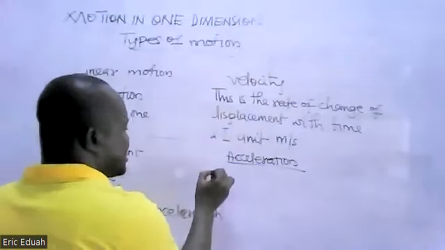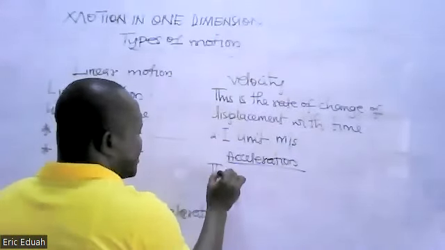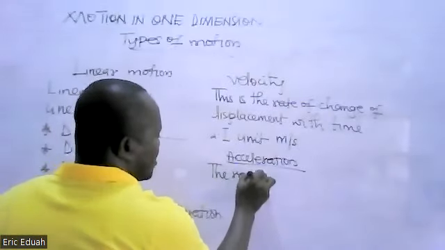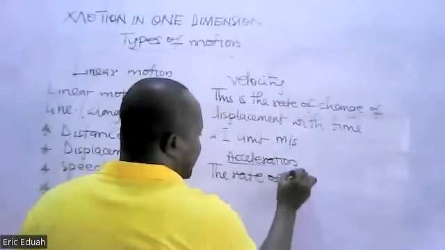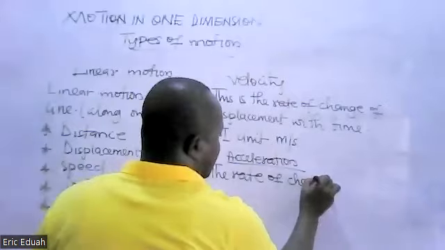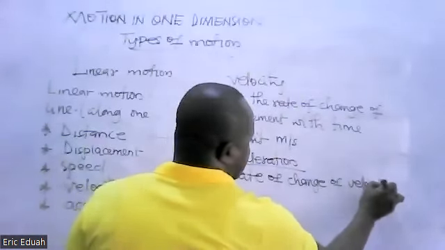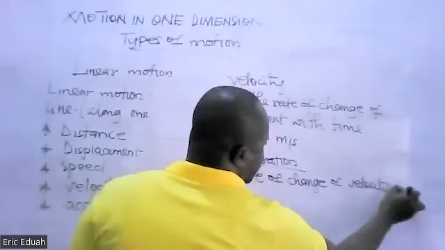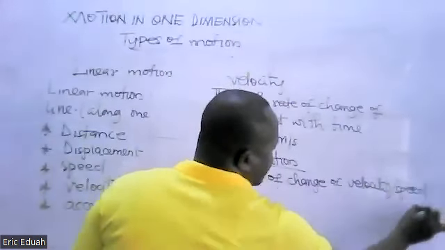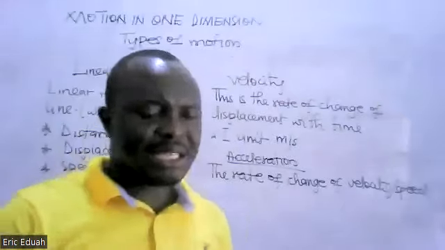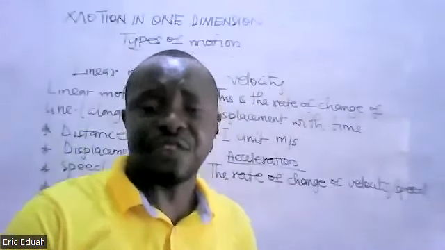Or it is defined as the rate of change of velocity/speed. It's either velocity or speed. I said that in terms of magnitude, they have the same value.